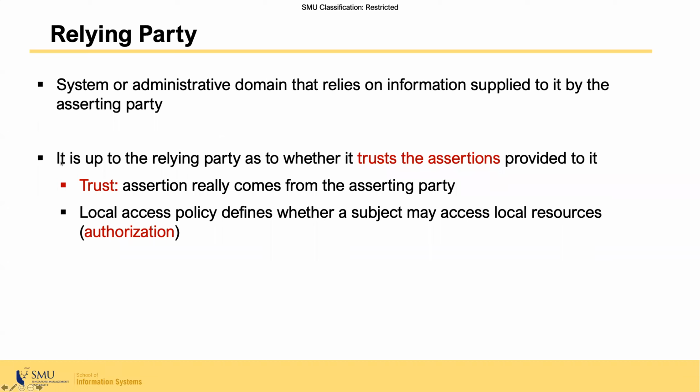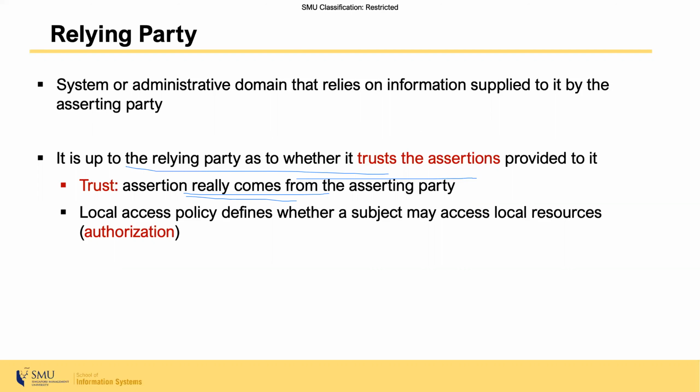Still, it is up to the relying party as to whether it trusts the assertion provided to it. So basically, before it simply trusts that assertion, it has to verify something. The verification is about whether this assertion really comes from the asserting party itself. And this verification process is none other than the digital certificate and digital signature verification process that we have discussed in the past few lectures.